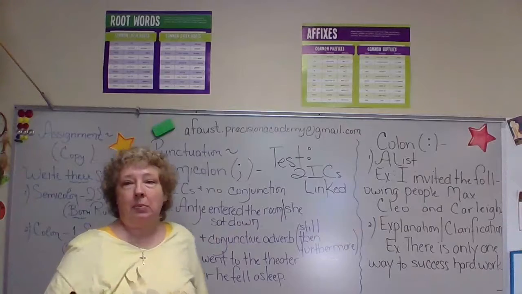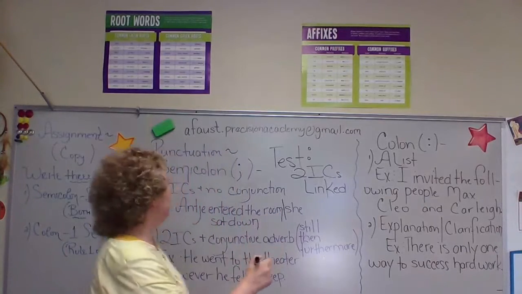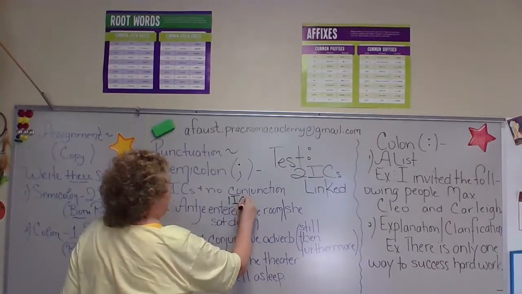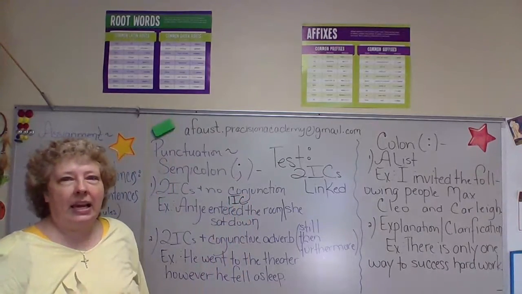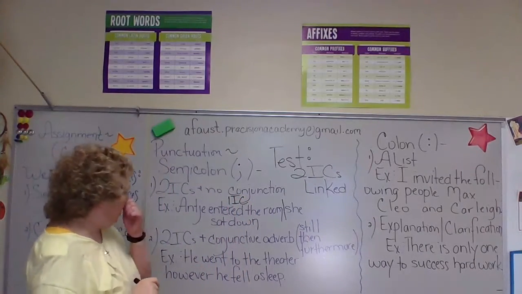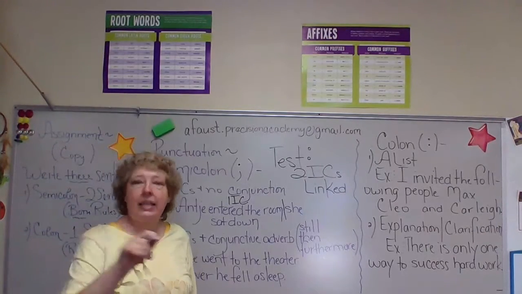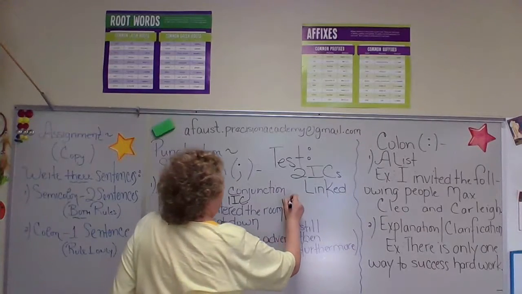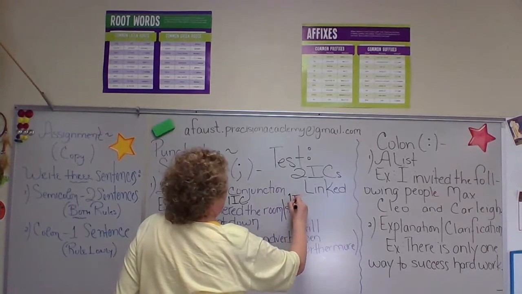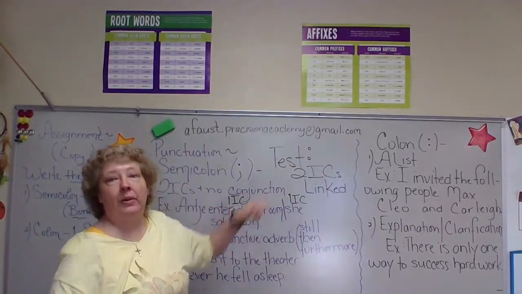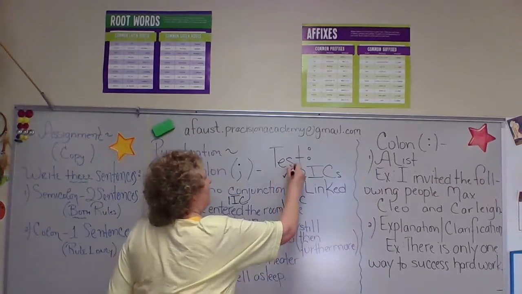Is that an IC, a complete thought? Yes, it is. Good job. 1 IC. Okay, everyone got that? She sat down. What about that? IC? Yes. Another IC. We're passing the first part of the test. Yes, we are. Good job.